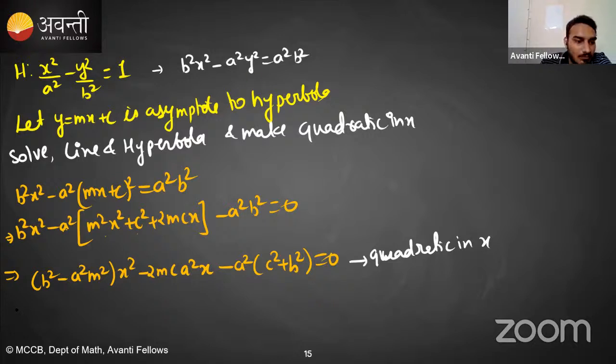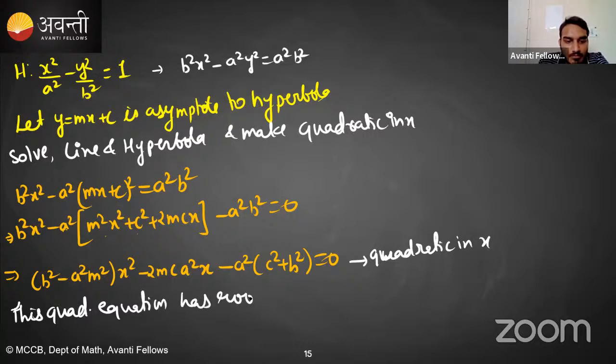Now this quadratic equation has roots. What are its roots? When we solve the line and hyperbola, the line and curve meet at x equal to minus infinity and plus infinity. So x is equal to plus minus infinity are the roots of this quadratic equation, isn't it?